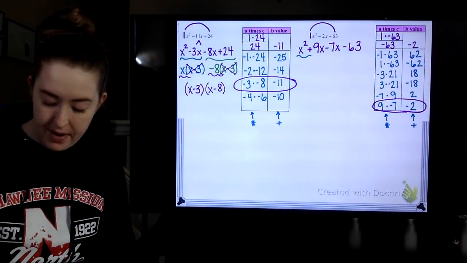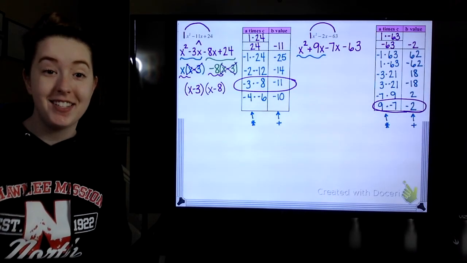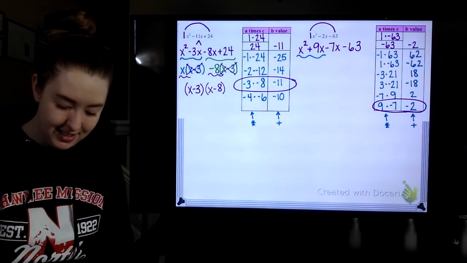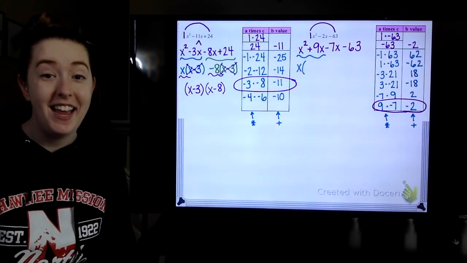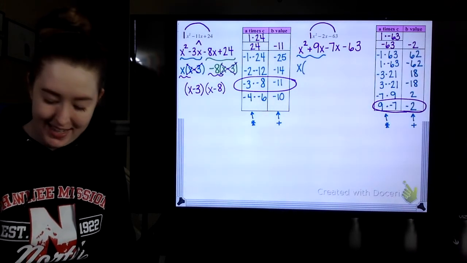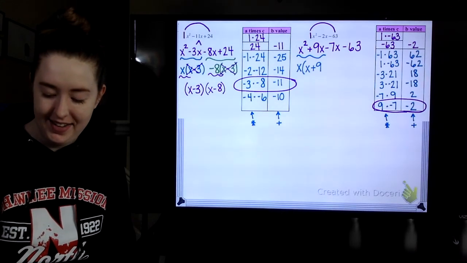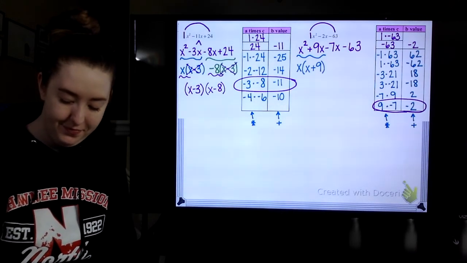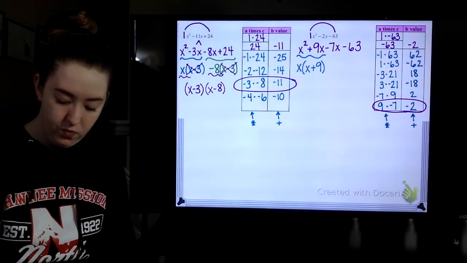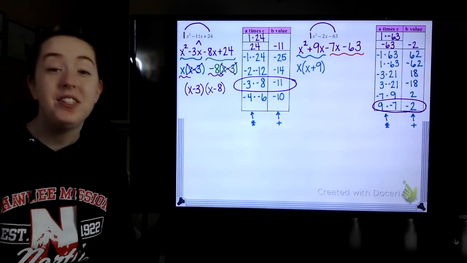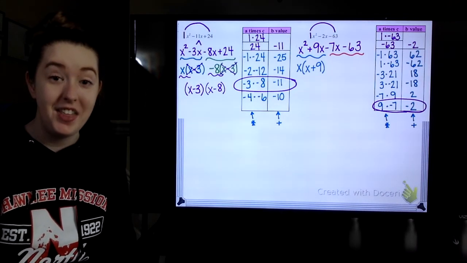My greatest common factor of my first two terms, x squared and 9x, is x. Divide out that x, so x squared divided by x is x, and 9x divided by x is 9. What's the greatest common factor of negative 7x and negative 63?